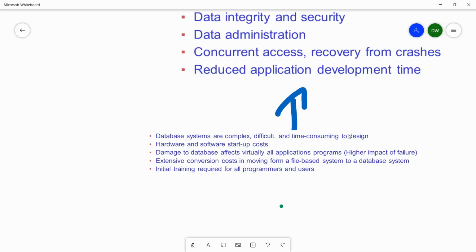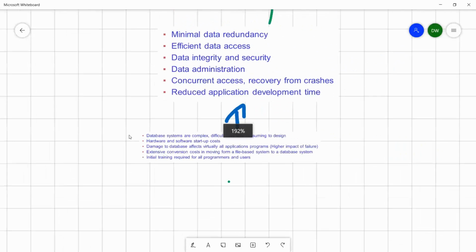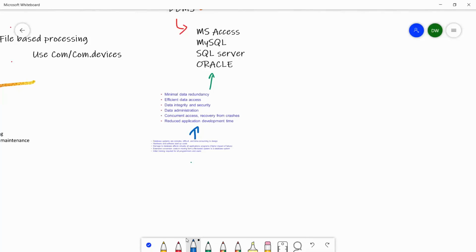So you will need to hire a person to enter data into that database management system, right? So to use a database management system, you also need to have training. So that also comes under disadvantages, right? So the things we have here are advantages, and the things we have here are disadvantages.